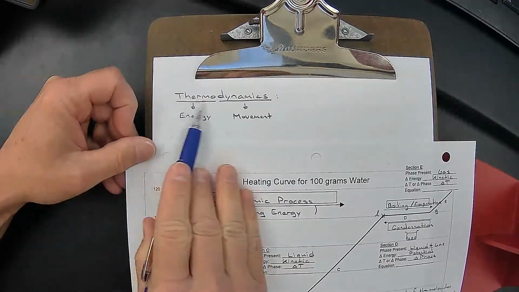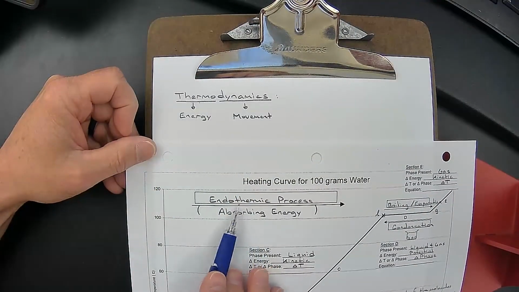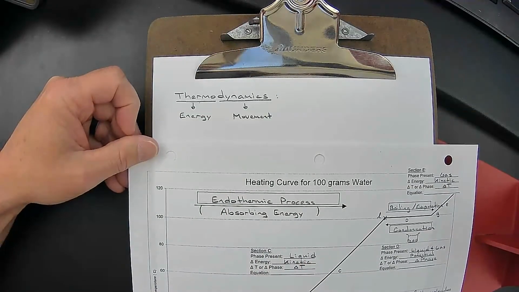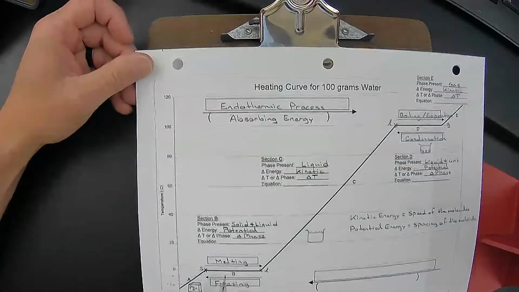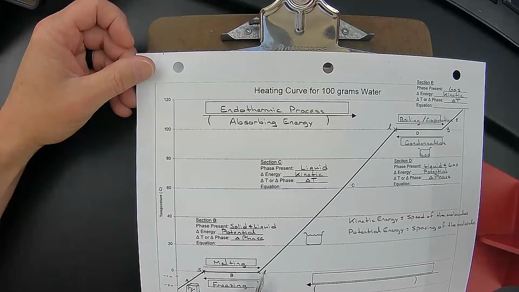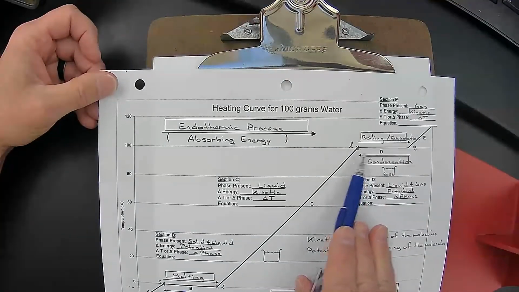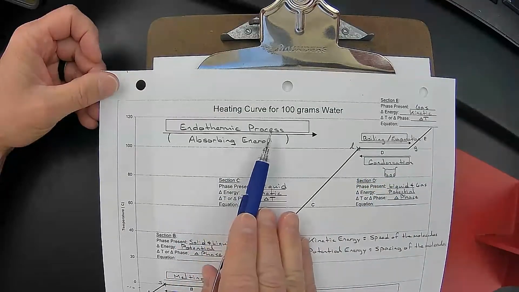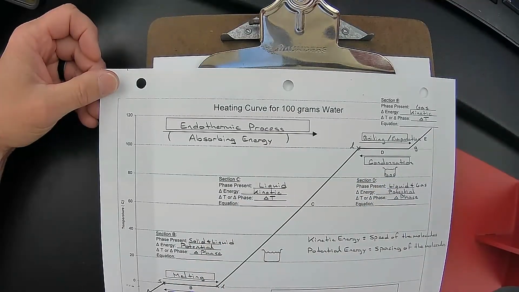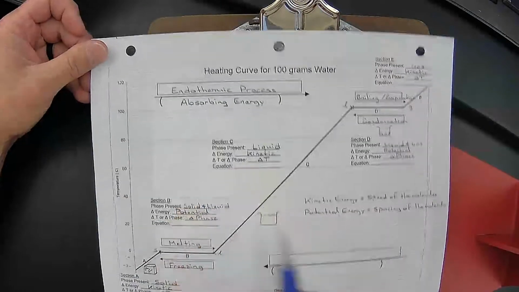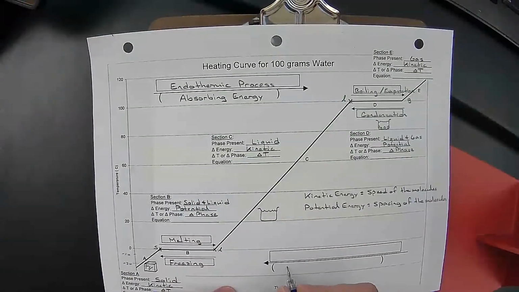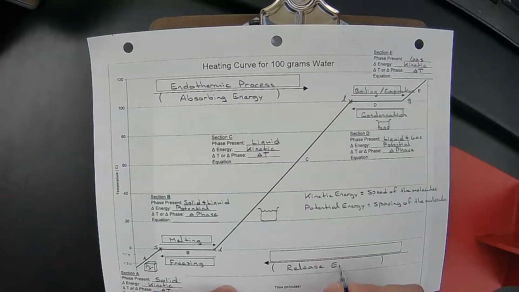Therm, just like we talked about earlier, energy. Endo means into. So we would say that melting is an endothermic process. We would say boiling and evaporation is an endothermic process. But we can not only absorb energy, we can also release energy.